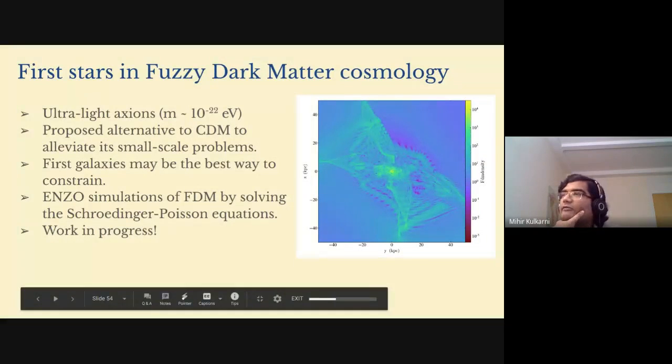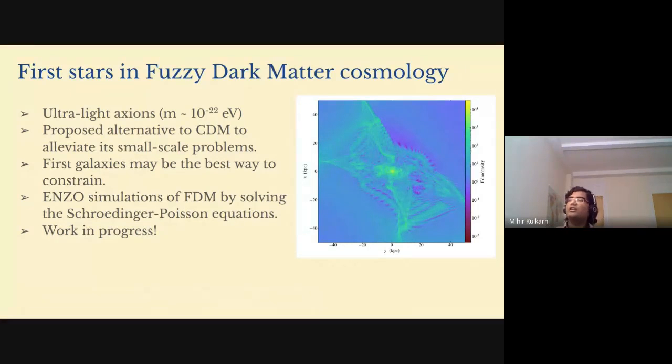This fuzzy dark matter is a proposed alternate theory to cold dark matter, and it is made up of ultralight axions. Their typical mass is of the order of 10 to the minus 22 electron volts. Let that sink in for a bit.